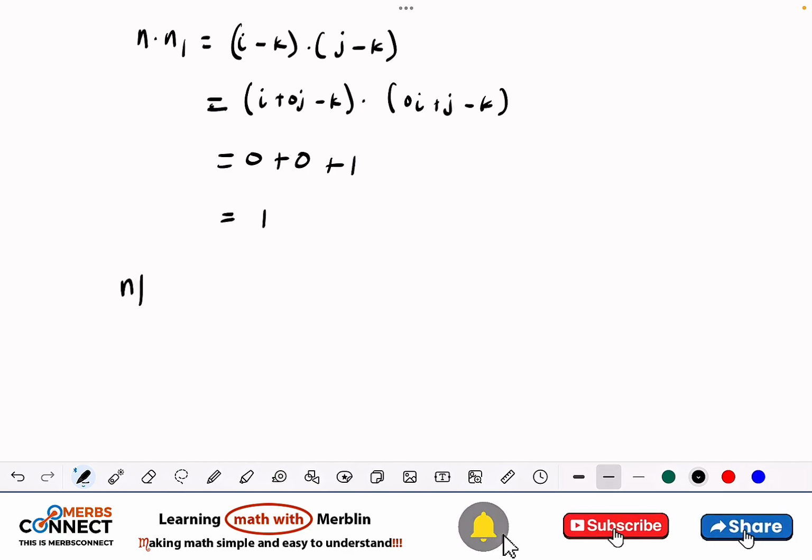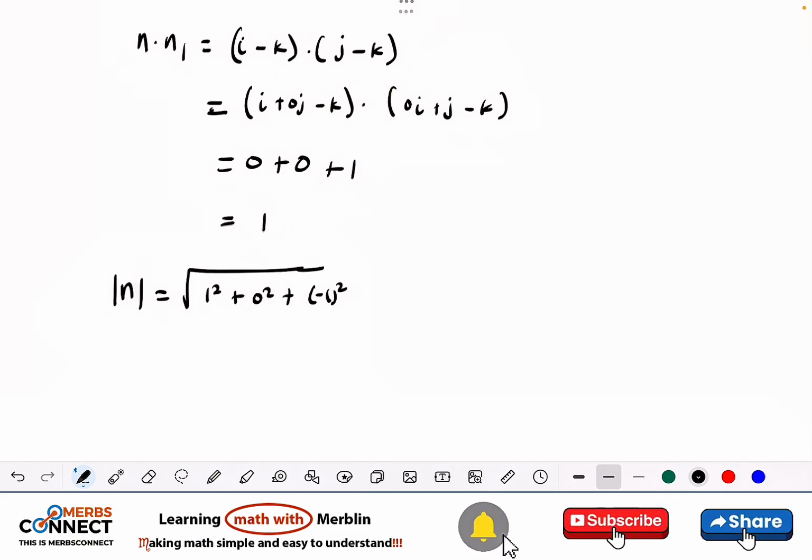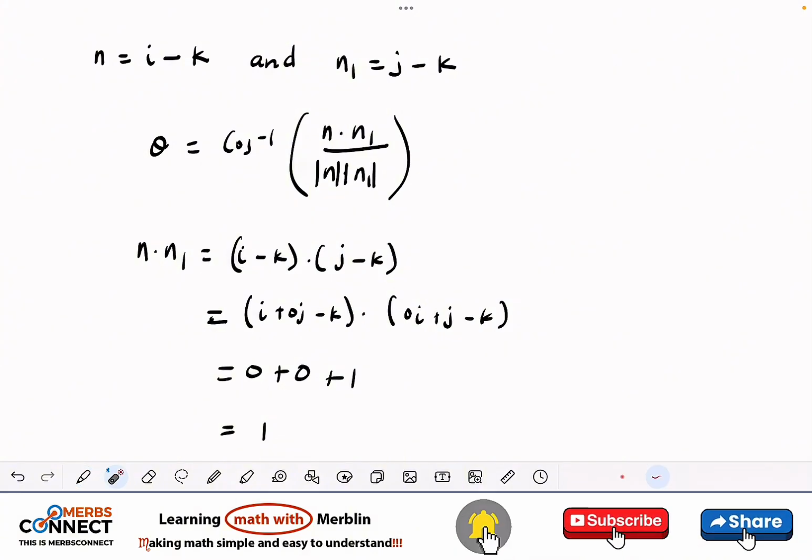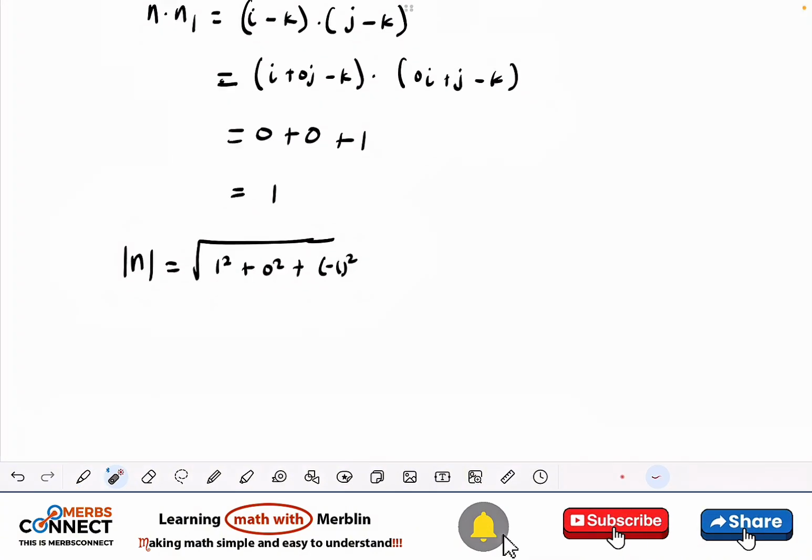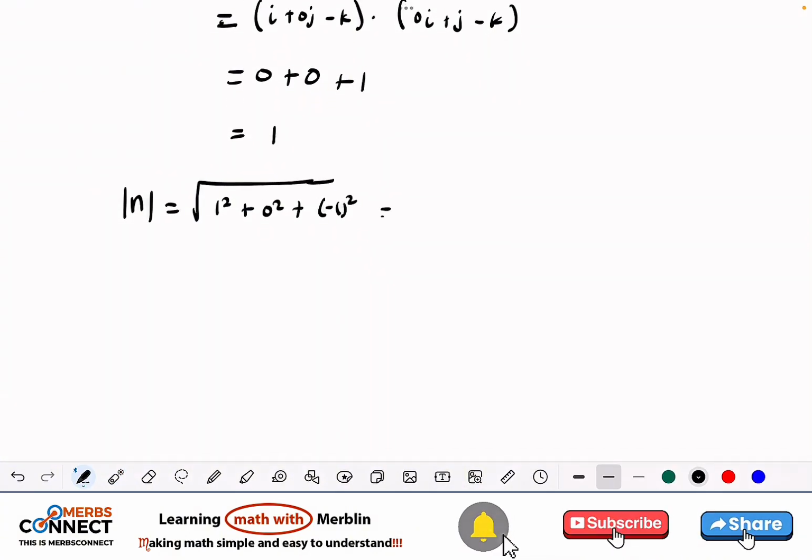Let's look for the magnitude of n. So this is going to be 1 squared plus 0 squared plus minus 1 squared, right? Because I don't have j, it is 0. So this will be 1 plus 1, and this is going to give me root 2. What is the n1 magnitude?